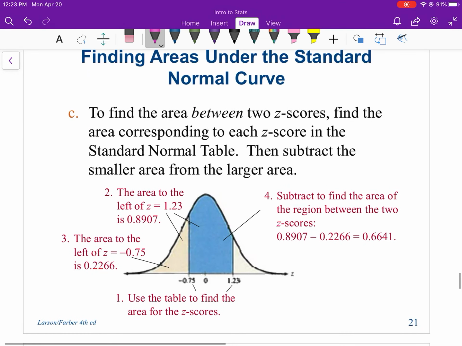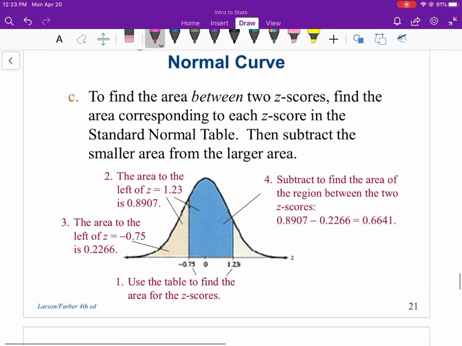If I want to find the area in blue that's in between two z-scores, you find the area for both z-scores. The area to the left of negative 0.75 is 0.2266.